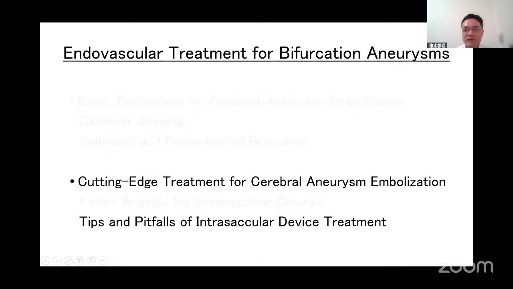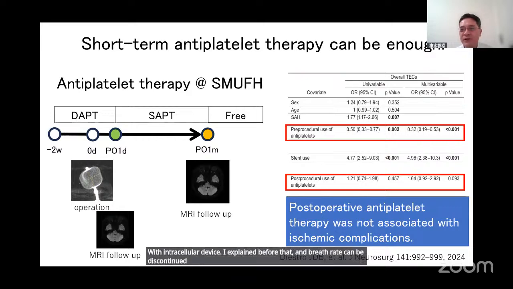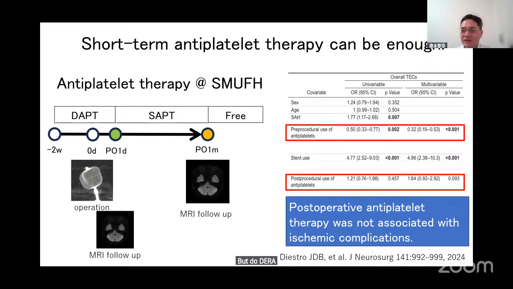Of course, there are some tips and pitfalls when we treat aneurysms with an intrasaccular device. I explained before that the antiplatelet therapy can be discontinued shortly after treatment, but there are exceptions.